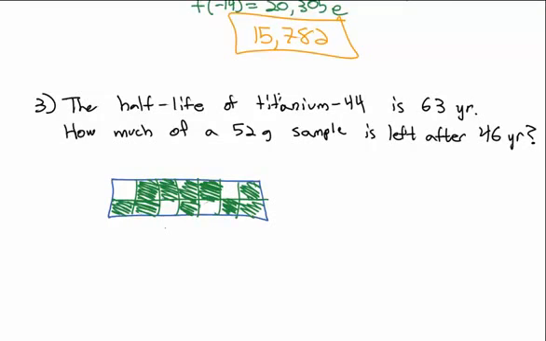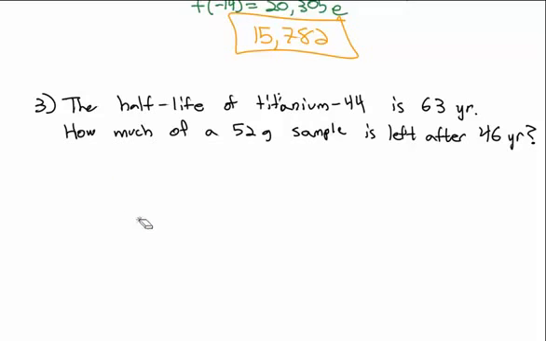And then another 63 years, and another half of them will be gone. The idea is every 63 years, half of the atoms are gone. Essentially, after 63 years, there's a 50% probability the element has decayed away. That's half-life.